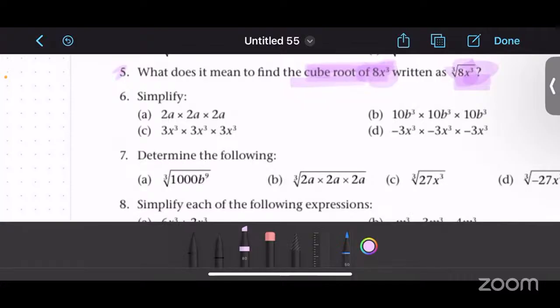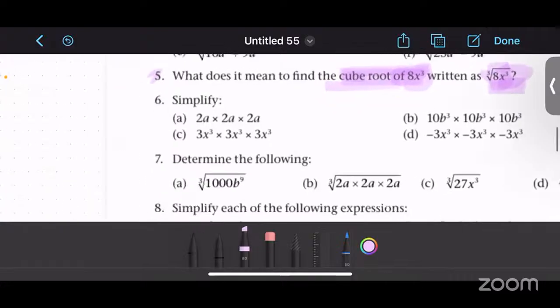How did we remove it? Ma'am, you say we should open brackets, then write 8x in brackets, close bracket, 8x to the power 3, close bracket, to the power 1 over 3.